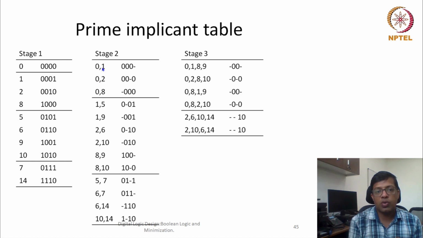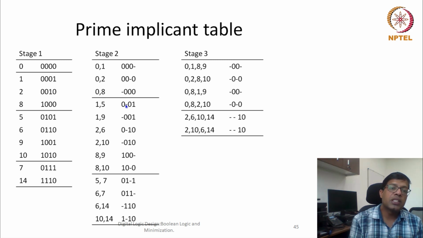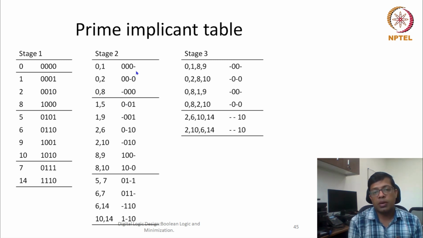If we compare 0 1 with 1 5, because dash appears at a different place, we cannot combine it. So the condition is that dash should appear at the same place and there has to be one variable difference. Now 0 1 and 1 9 can also not be combined because dash is appearing at a different place.